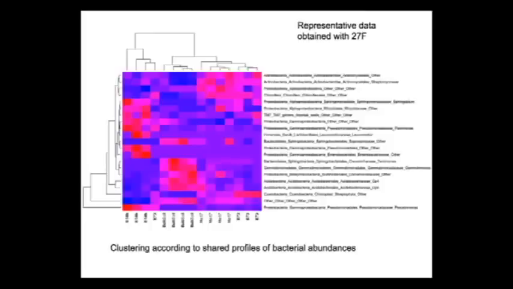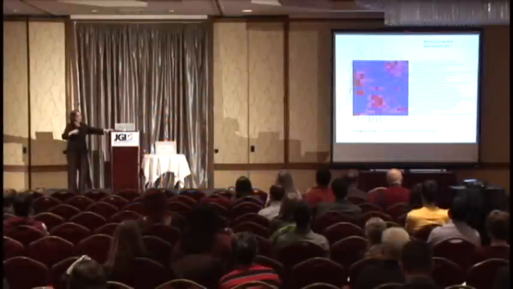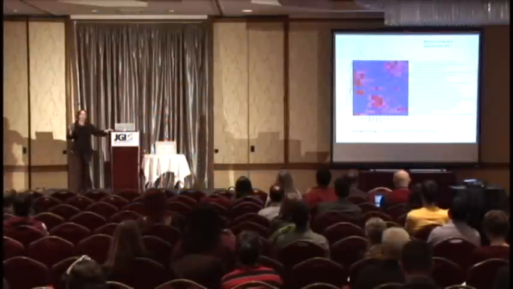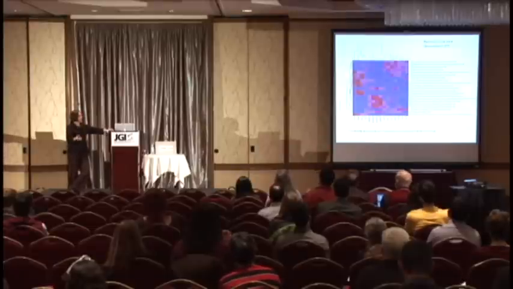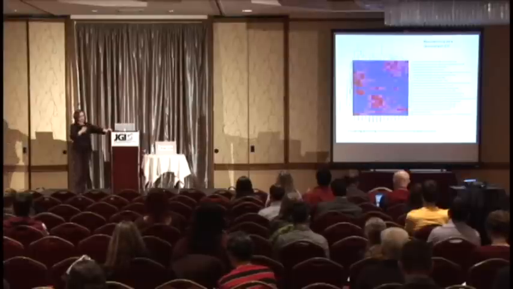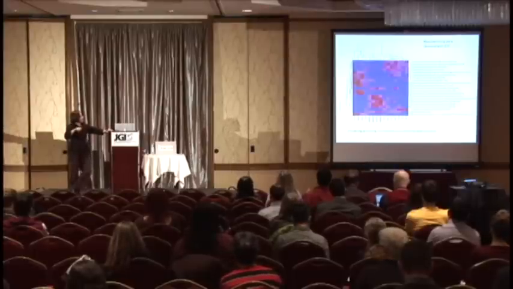And again, with the same outlier clustering with these here, you can see that we're separating out our bulk soil from our plant genotypes, and we're also separating out the plant genotypes. So regardless of how we analyze it, either using a tree-based approach or an OTU-based approach, we can tell our genotypes apart based on the composition of the root-associated microbiota.